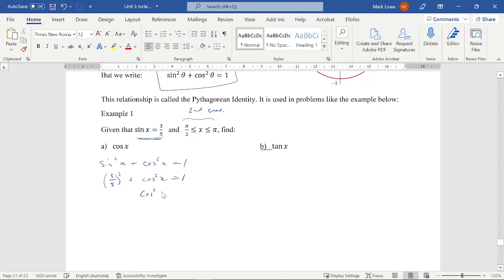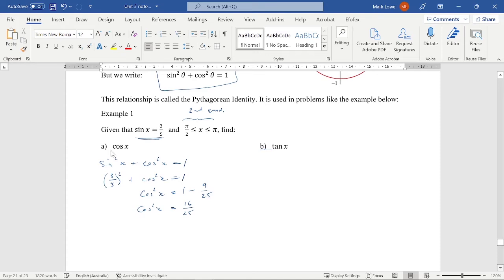So cos squared x will equal 1 minus, or I may as well square the 3/5, so that's 9/25. So cos squared x will be 1 minus 9/25, which is 16/25. Just change the 1 into a fraction of 25/25, then subtract the 9 to give us 16. So cos squared x equals 16/25.